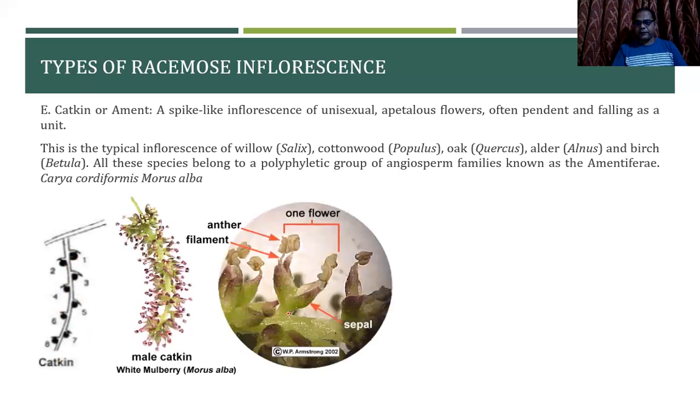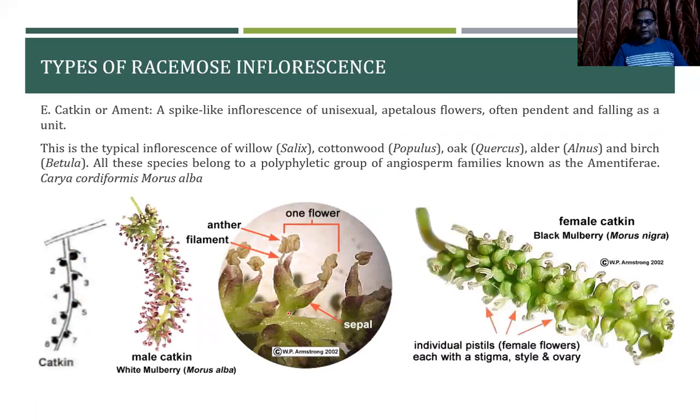So you see the male catkin and the female catkin. We do not have the male and the female flower on the same plant, so they are not monoecious, they are dioecious, and there we have the male flower and the female flower separately.